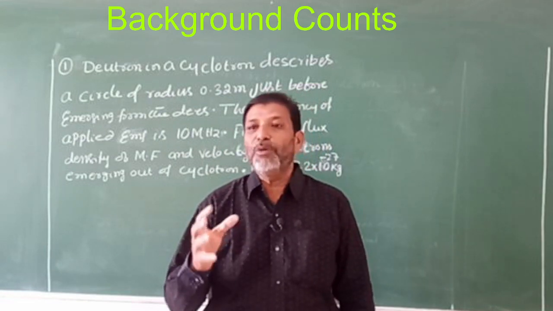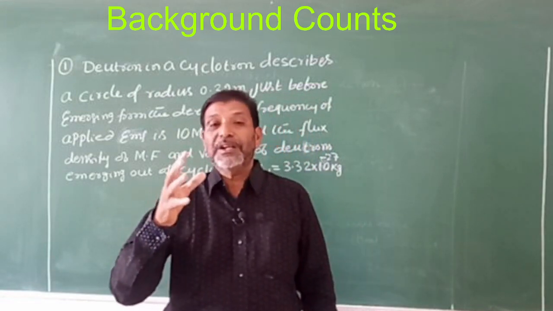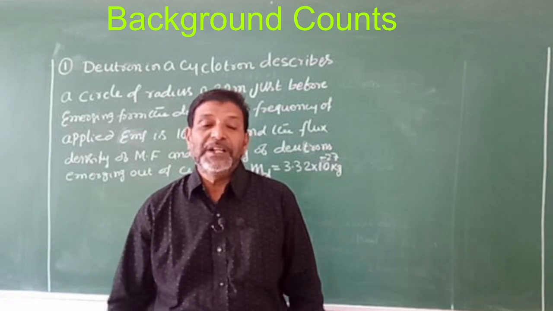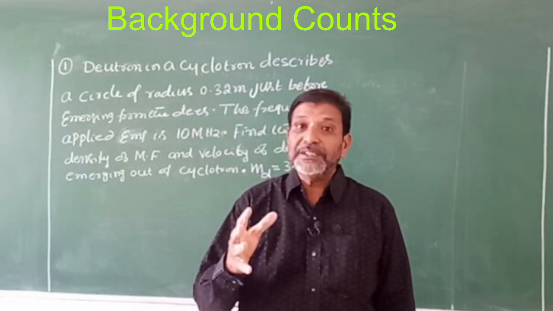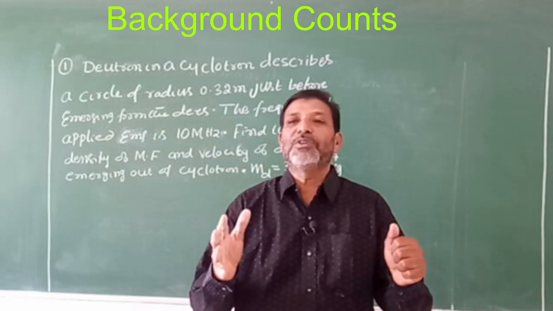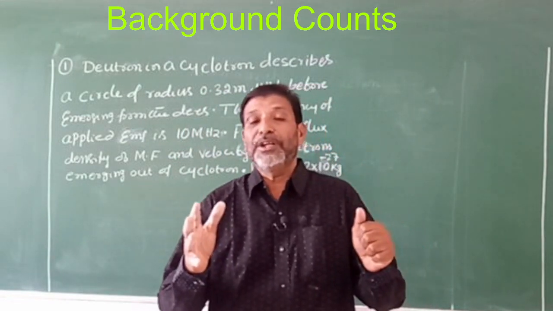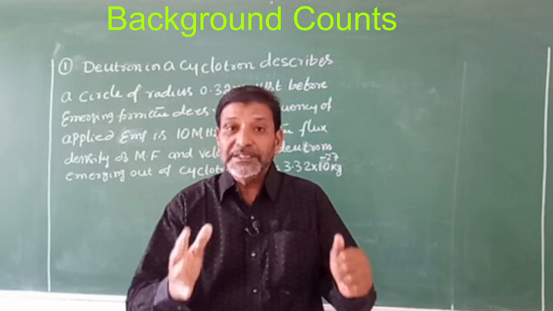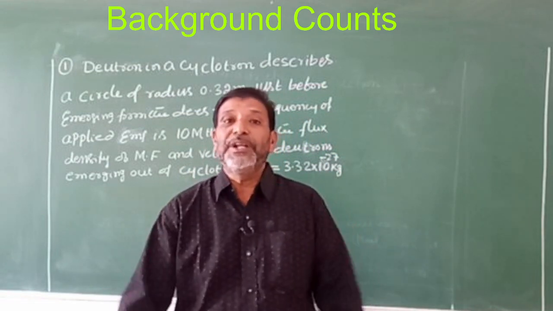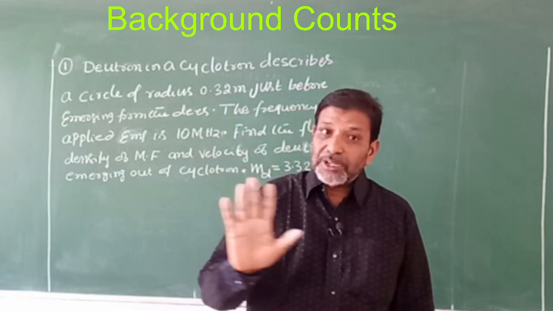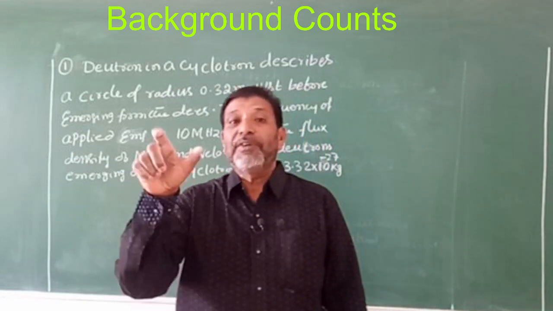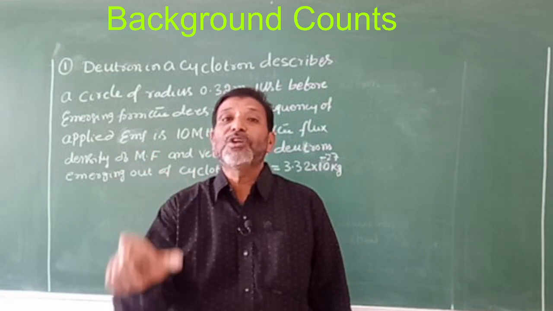I don't know how many of you still remember that experiment. I hope that those students who are very much interested in learning physics might have seriously done this experiment, and you might have observed that before completing the experiment, lastly you are finding the background counts also.